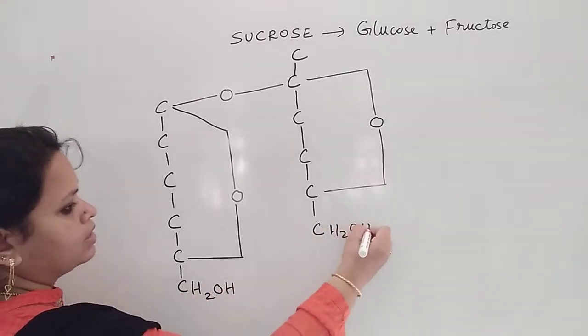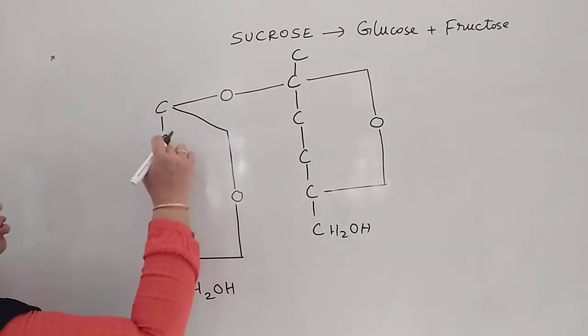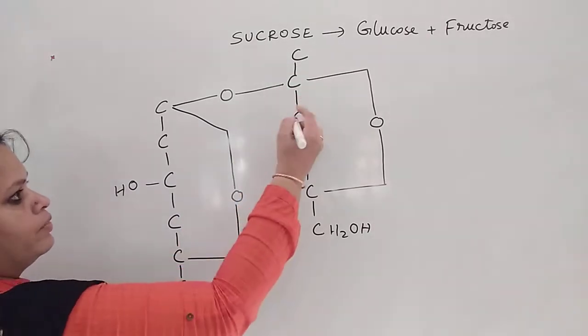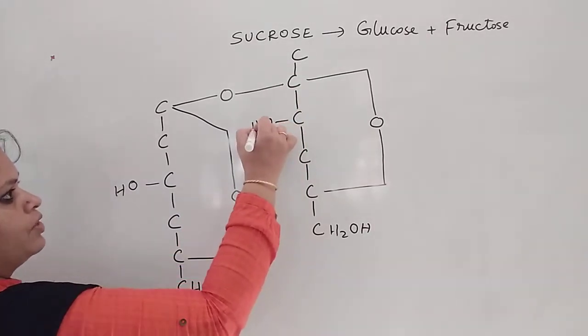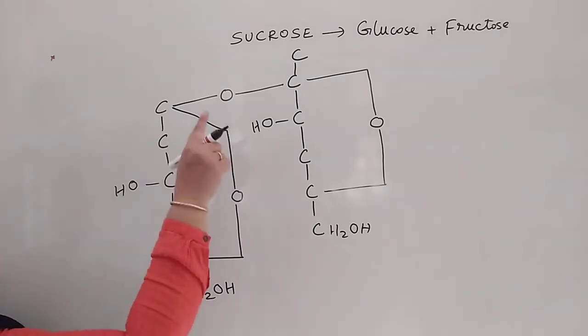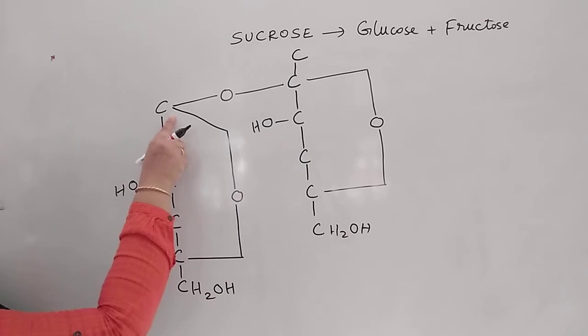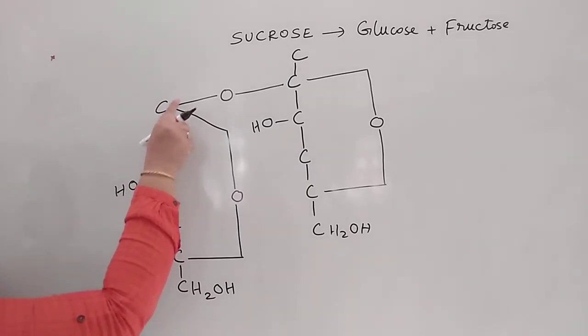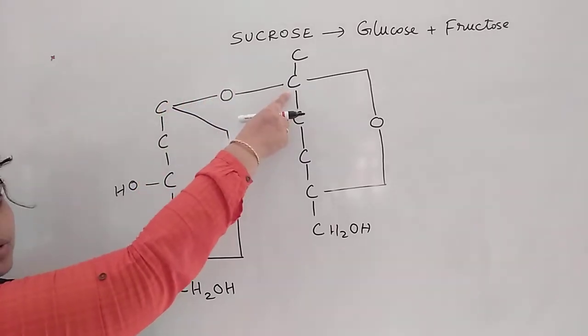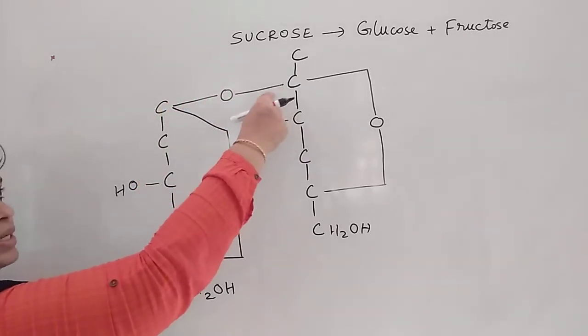in both the cases, and the third carbon atom, 1, 2, 3, will be the OH on the left for both the glucose and the fructose. And here, this was C double bond O. It can be written as COH and OH, and this was C double bond O. This can be written as COH and OH.